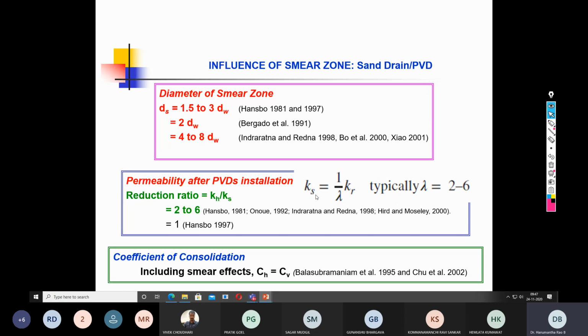And here is the relationship Ks equals 1 by lambda into Kr. So this is 2 to 6, both are the same. And for the coefficient of consolidation, including the smear effects, Ch equals Cv. So you can assume Ch equals Cv, but you can also vary the values. There is no problem.